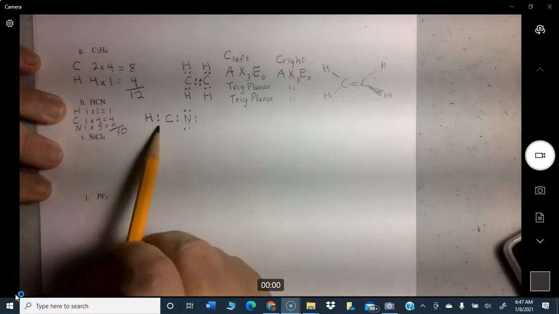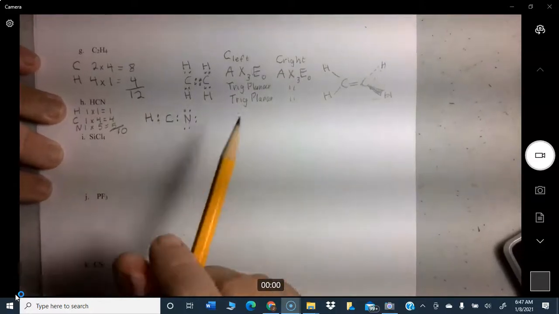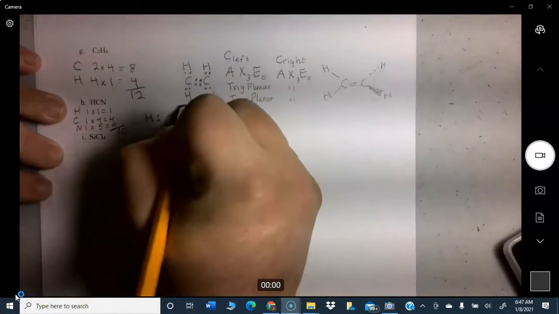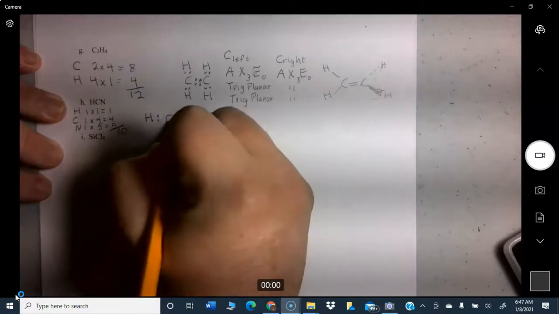So we've used our 10 electrons, but carbon doesn't have an octet, and we don't want to take any off or put any more on because we have the right number of electrons, so we have to rearrange. Well, we can't move this, that's stuck. So it's got to be some of these lone pairs out there to give carbon the octet. So it needs 2 more pairs or 4 more electrons.